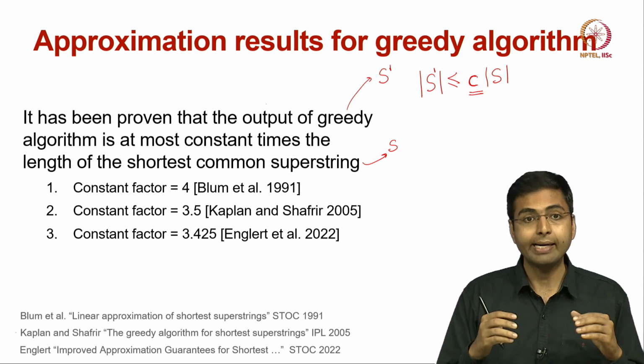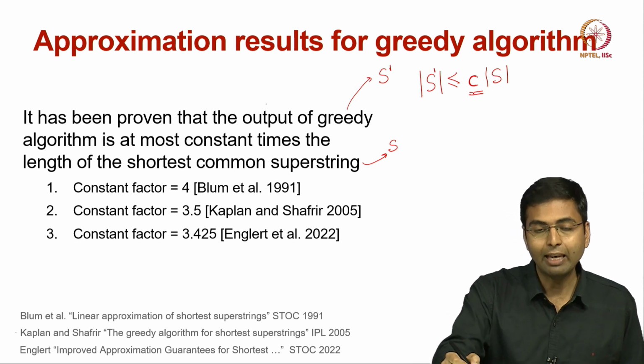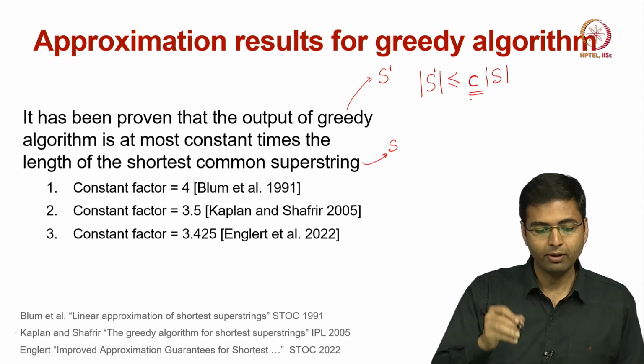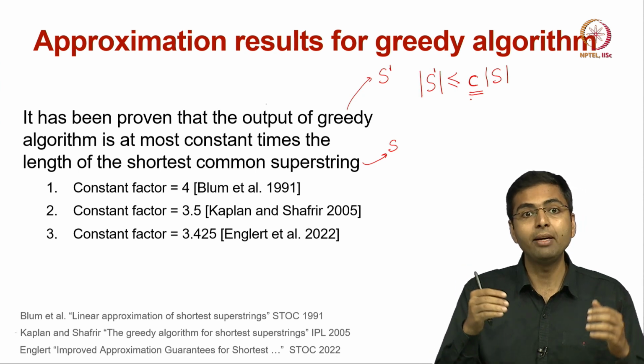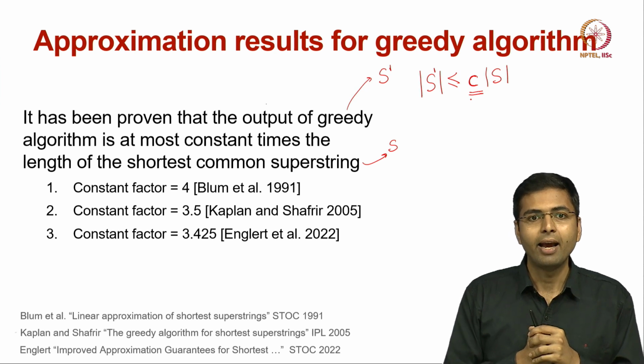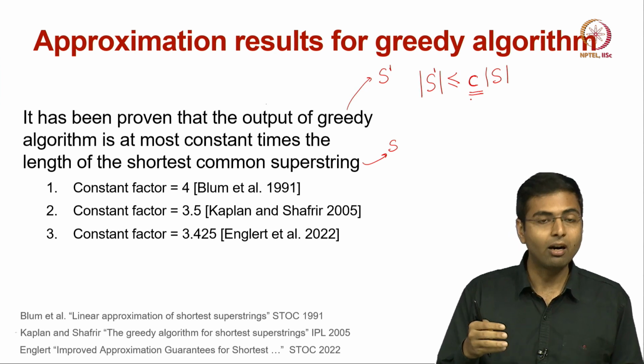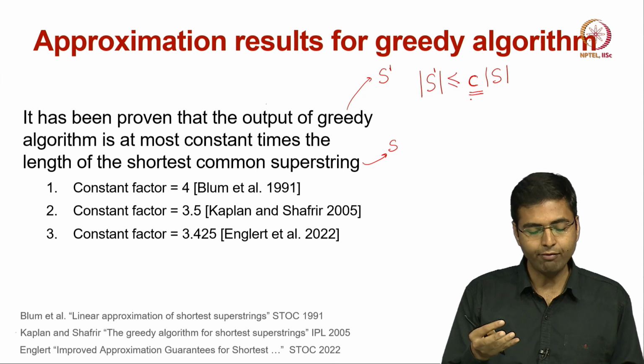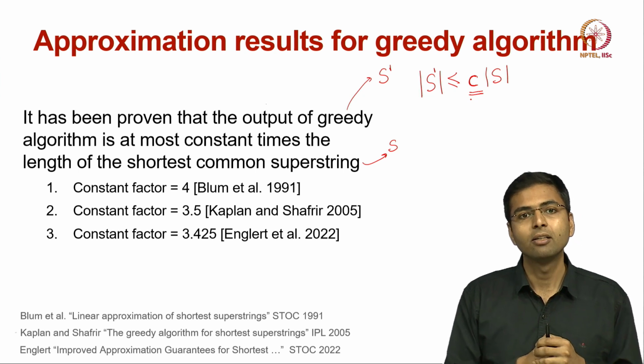Then subsequently a tighter bound came for this value C. It was proven that this value C can be further tightened to 3.5, and more recently a further reduction has been obtained on this constant factor to 3.425.